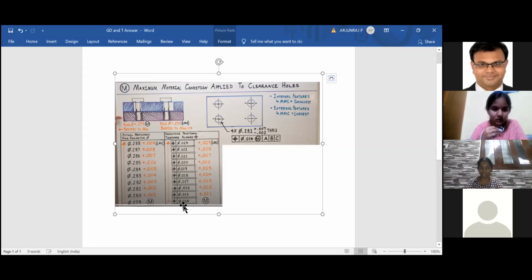When you add 0.009, it becomes 0.023. This is what I was also asking in the previous question. You understand, right? Yes sir. Now you can share and tell the answer.